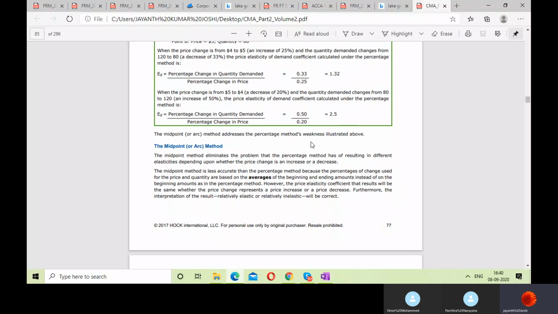So elasticity of demand is 2.5. That means when there is a 20% change in price, the demand is changing by 50%. That means when price is decreasing by 20%, demand is increasing by 50%.